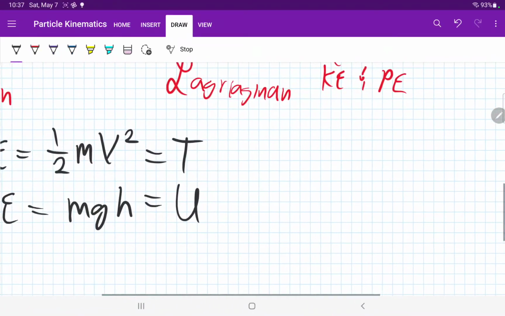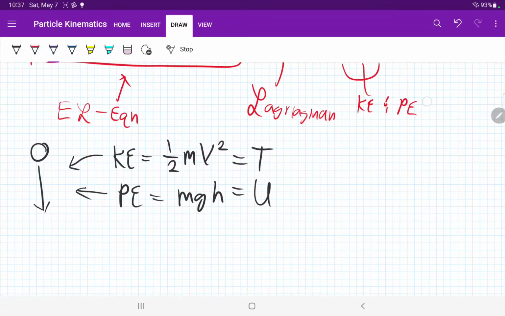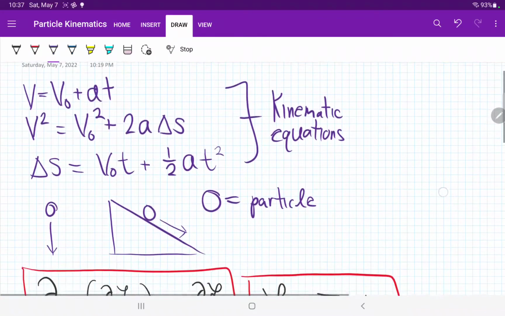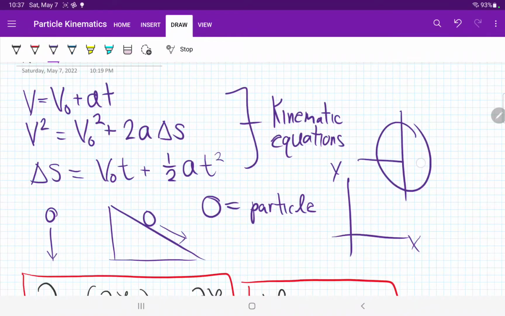Now, this is the fun part about using the Lagrangian. Unlike regular mechanics, where you're using Newtonian mechanics, you need to have an established y and x coordinate system, a Cartesian coordinate system. Sometimes you'll even go to polar, where you're going to be using r and theta, and you'll do that a lot.